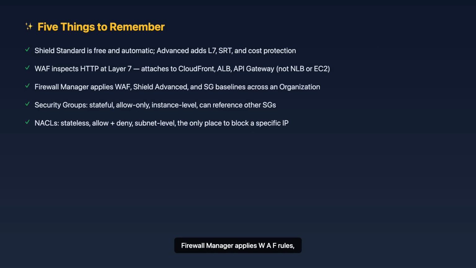Firewall Manager applies WAF rules, Shield Advanced, and security group baselines across every account in your organization. Security groups are stateful, allow only, instance level, and can reference other security groups. And network ACLs are stateless, support both allow and deny, sit at the subnet level, and are the only place inside the VPC where you can block a specific IP.